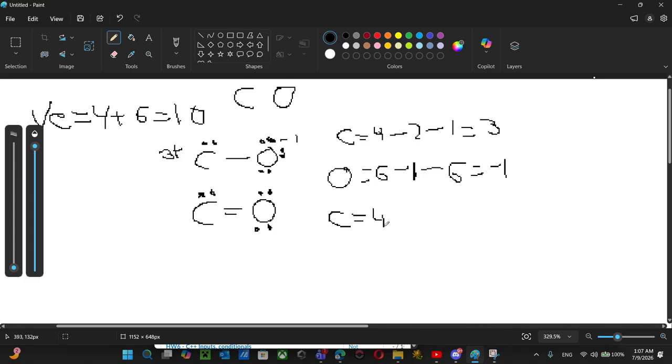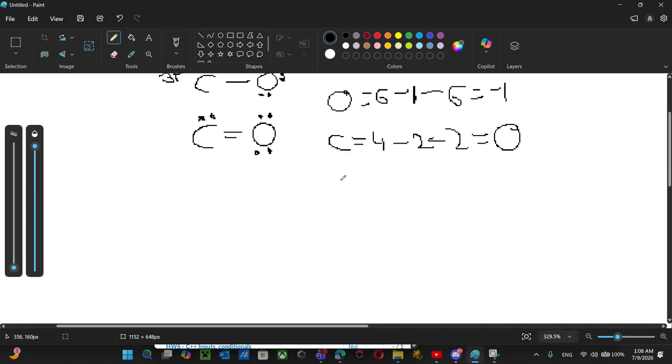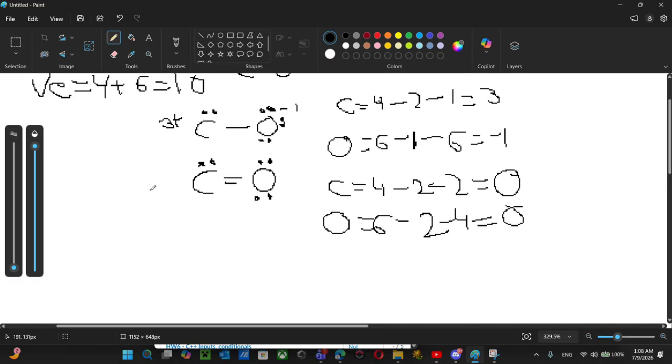C will be 4 minus 2 bonds minus 2 electrons. That will give you 0. And oxygen will be 6 minus 2 bonds minus 4 electrons. That will give you 0.